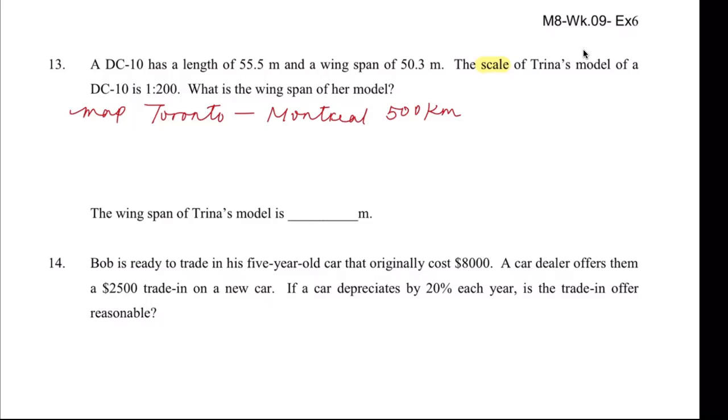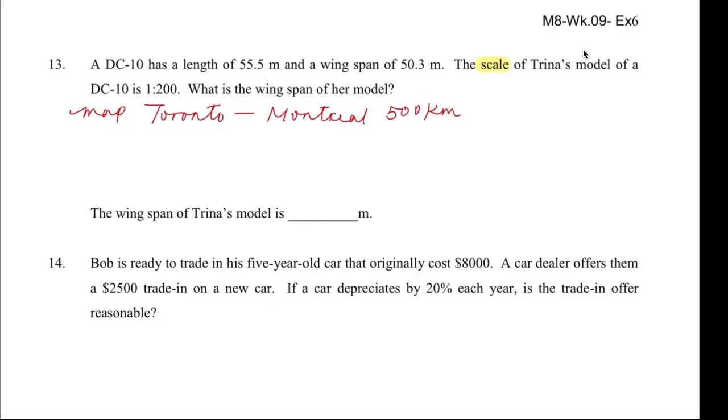So here is the same concept. A DC-10 has a length of 55 meters and a wingspan of 50.3 meters. Those two numbers are the plane's parameters in real life. But a model can't be that big, right?